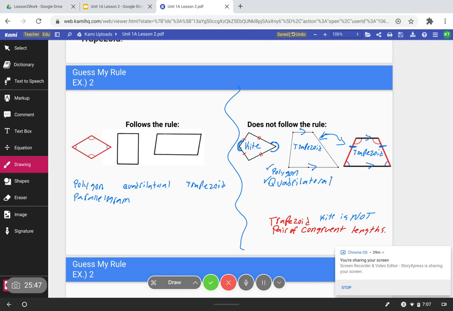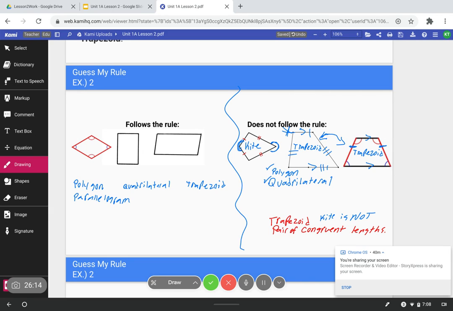But the trapezoid in the middle right here has no congruent lengths. Look, this is one length, that's another length, that's taller, and that's the longest. They're all different. But the rules that these do follow are that they're polygons and quadrilaterals. These 3 shapes have all that in common.